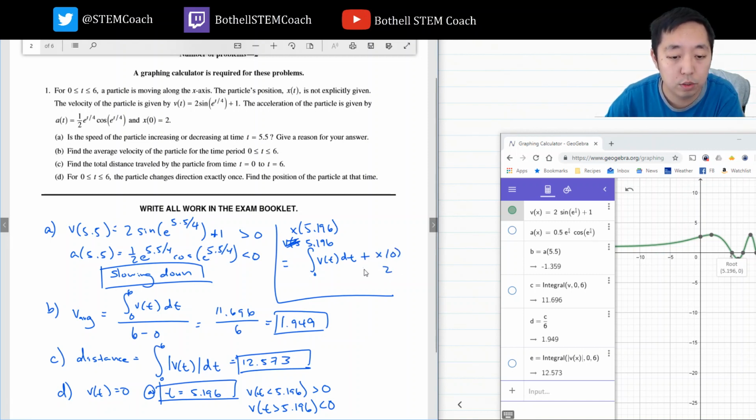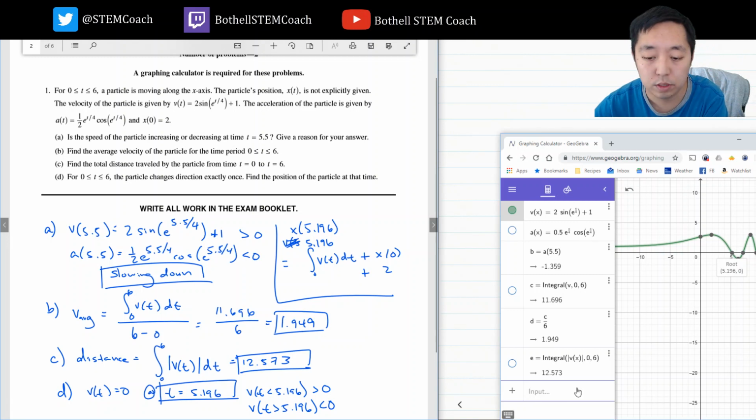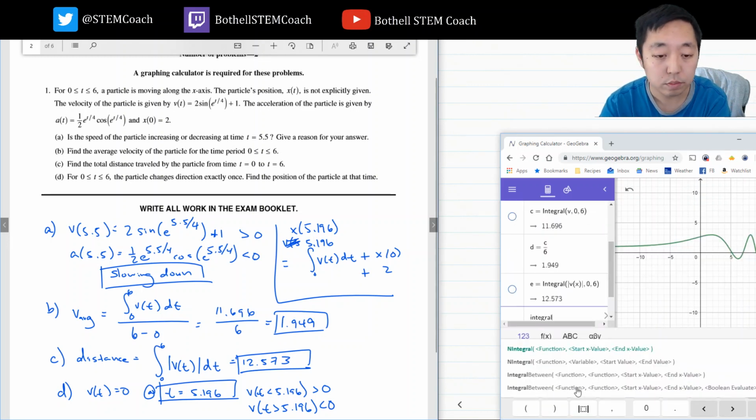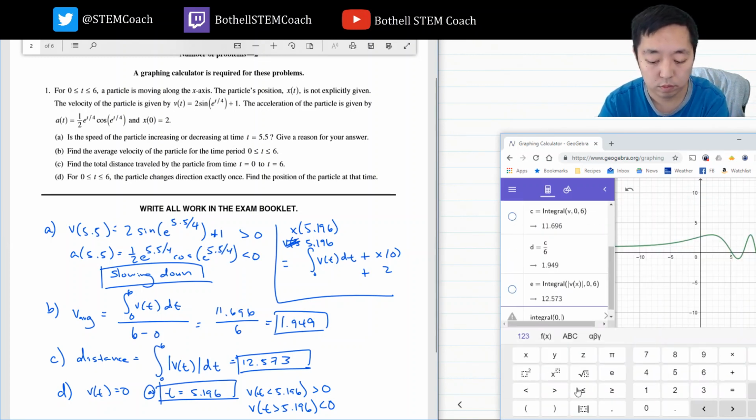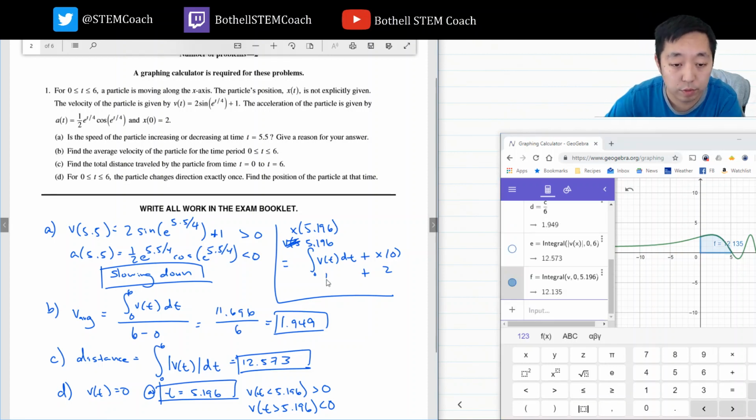The integral of v from 0 to 5.196 is 12.135. So this is 14.135. That would be his position at that time. Okay, so that finishes that.